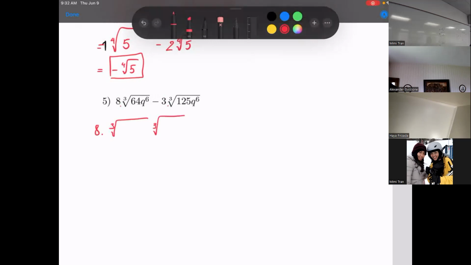64. Can you give me 2 numbers that multiply to 64? One of them is a perfect cube. 16 and 4. Yeah, 16. No, 4 cubed is no. We need something cubed. We need more. 64, let's see. Use your calculator.